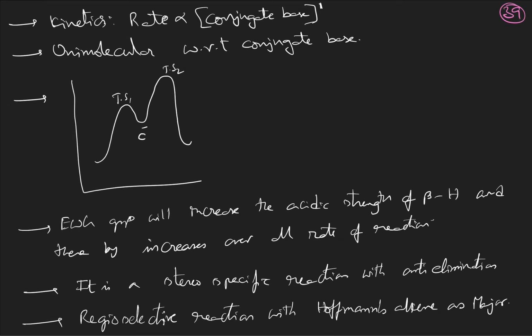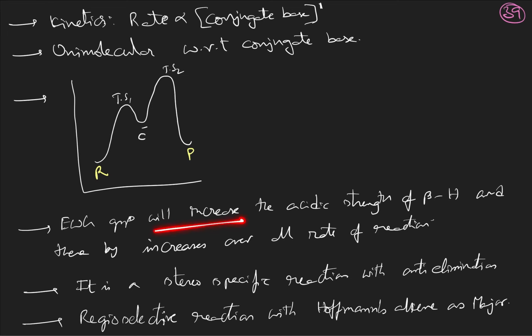The second step is the RDS step, therefore this should be taller than the first step, the reversible step. A reactant forms a transition state, which forms the carbanion, which leads to formation of another transition state, and finally we are getting the product here.